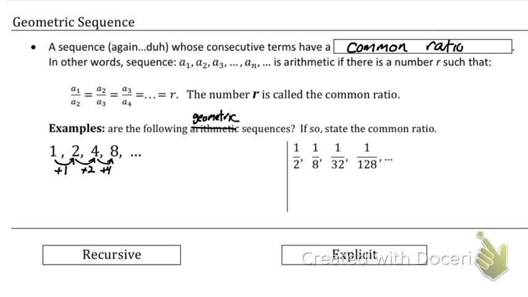Now I'm going to check to see if it is in fact geometric. And so I'm going to look for multiplication. To get from 1 to 2, I multiply by 2. And in order for it to be geometric, I have to multiply by 2 all the way across. So 2 times 2, yep, that's 4. 4 times 2, yep, that's 8. So this is in fact geometric.